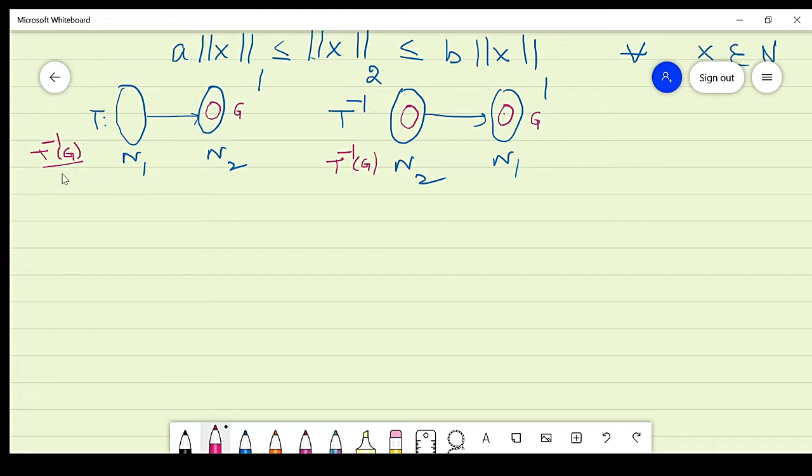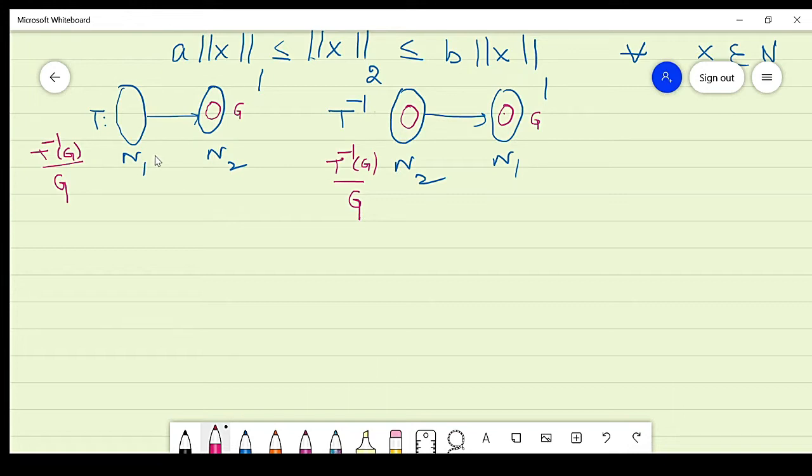So what we get, because T and T inverse is the identity operator, basically it is G, and again it is G. So an open set in N1 is an open set in N2, clear? Similarly, an open set in N2 is an open set in N1.